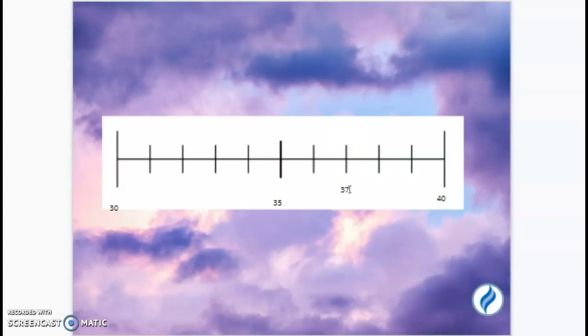So if I'm looking at this, who has the better estimate, Rob or Maggie? A better estimate means I'm closer to the original number. So it looks like Rob has the better estimate. So if you said Rob, then you have the better estimate. Maggie's estimate was fairly low, and if I'm using rounding, Rob's would be closer, and it would round to 40.